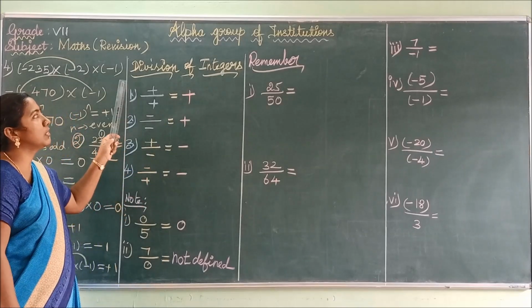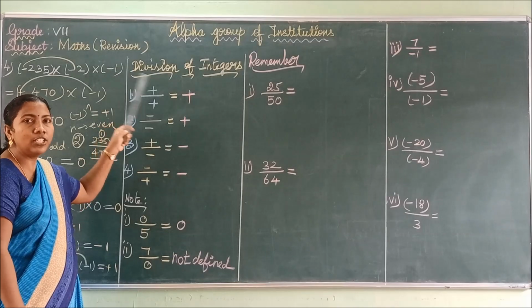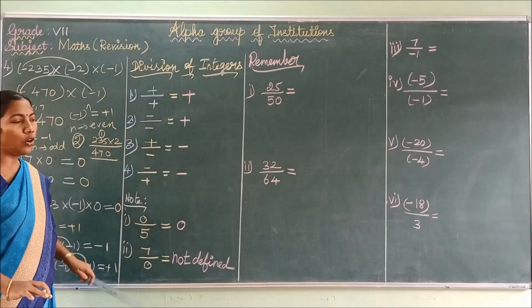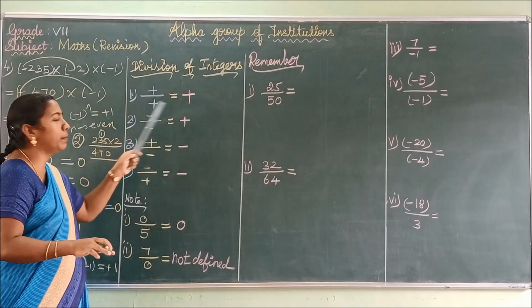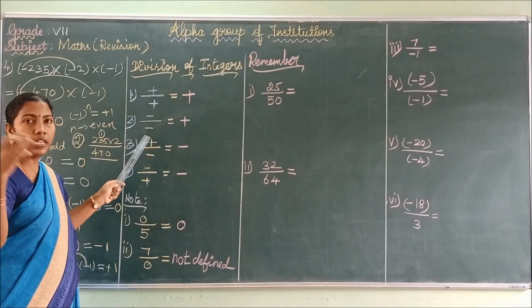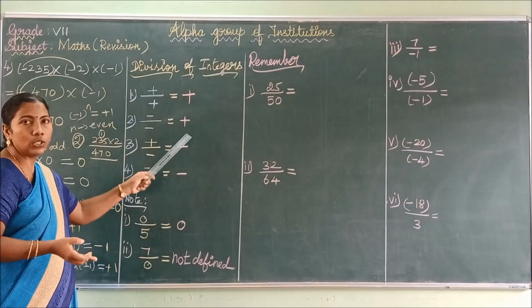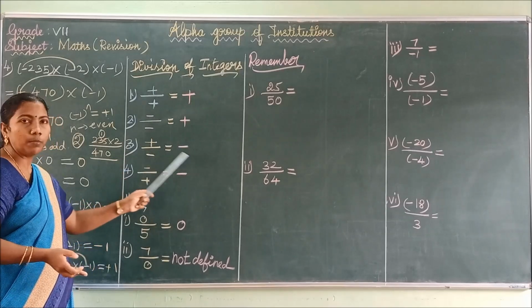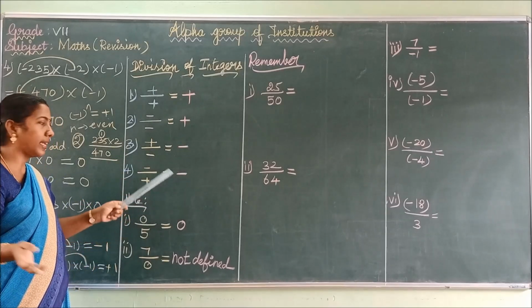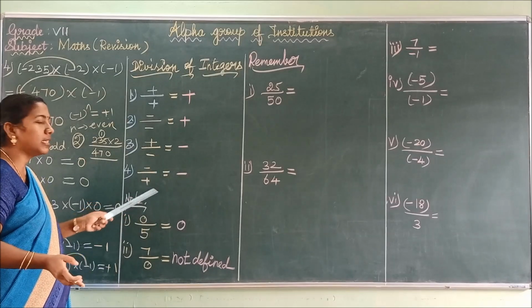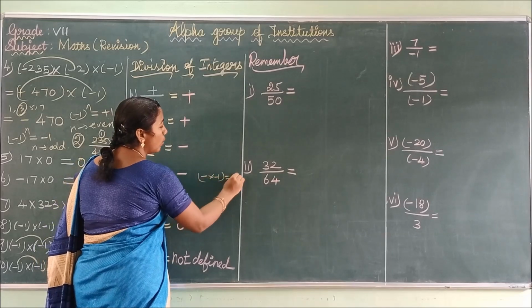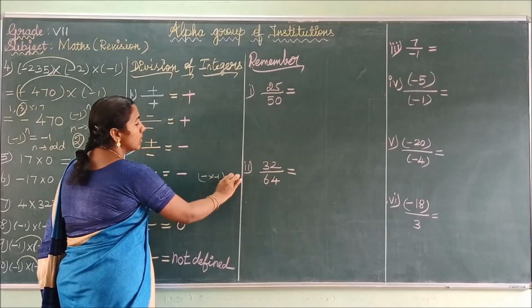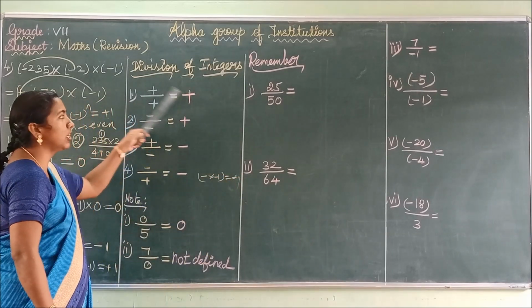The multiplication of symbols and the division of symbols are the same. Plus into plus is plus, plus divided by plus is plus. Minus into minus is plus, minus divided by minus is also plus. Plus by minus is minus, plus into minus is minus. Minus divided by plus is minus, minus into plus is minus. So both are the same, keep this in your mind.